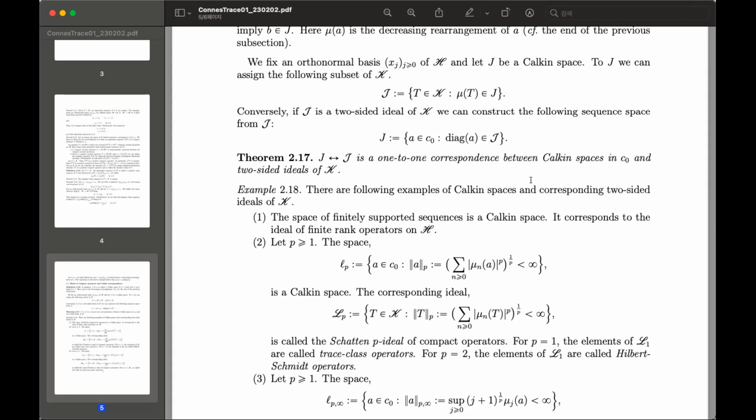But in the infinite dimensional case, it's not as simple as in the finite dimensional space, because, as we obtained here, we are using the singular value sequence instead of the eigenvalue sequence. And in the infinite dimensional case, we have an infinite sequence, infinitely many numbers.